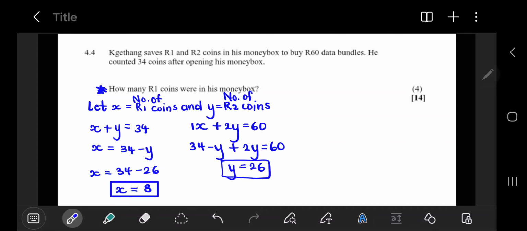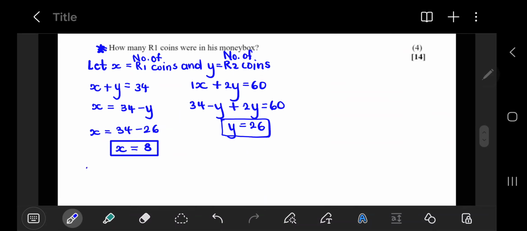They asked you, how many 1 Rand coins were in his money box? X represents the number of 1 Rand coins. Y represents the number of 2 Rand coins. So we can say, therefore, there were 8 1 Rand coins in his box.